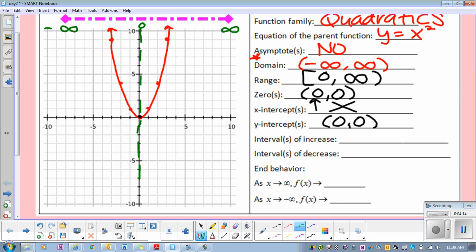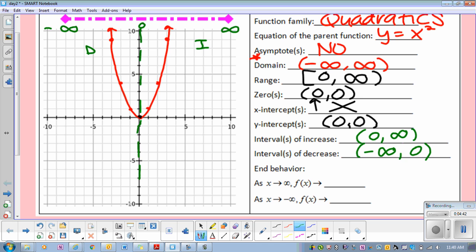So look at the graph from the left to the right. What is this graph doing from negative infinity to 0? It's decreasing. And what is this doing from 0 to infinity? It's increasing. So again, increasing and decreasing intervals, we always use parentheses, no brackets, okay? So 0 to infinity for increasing, negative infinity to 0 for decreasing.